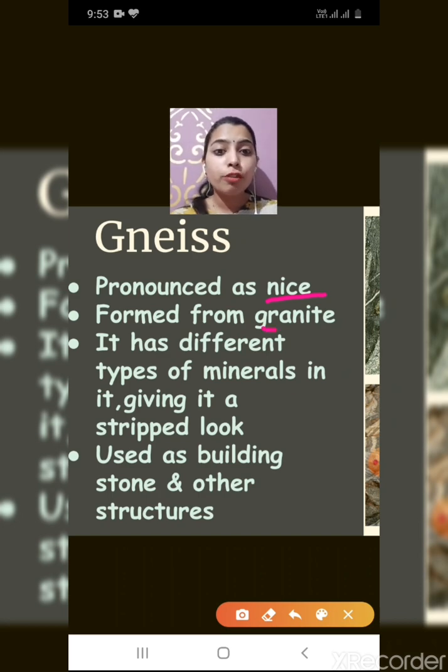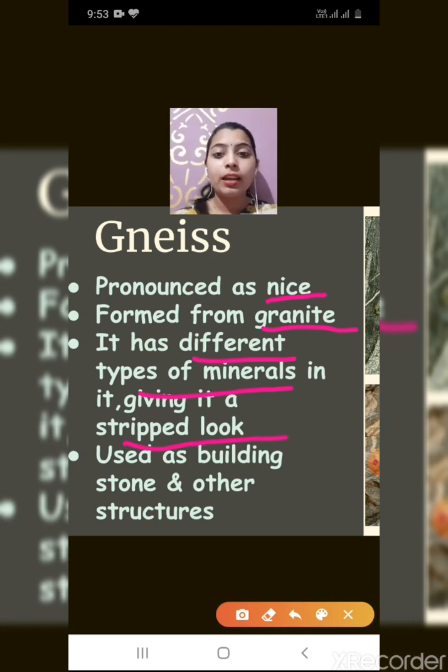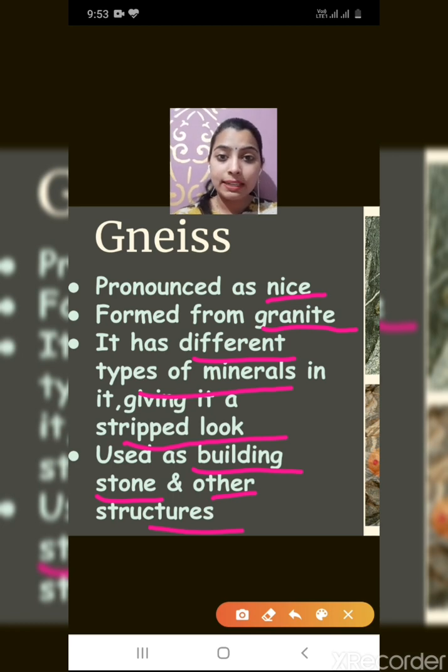Then it is formed from the rock granite. Then it has different types of minerals. From those minerals only, it has the look of stripes. It is used in making building stones and other structures. Okay, children?